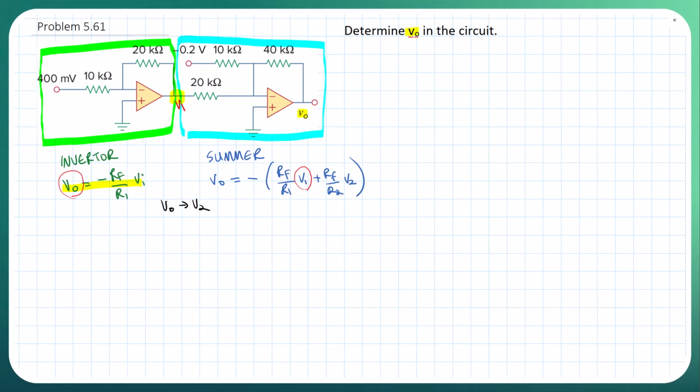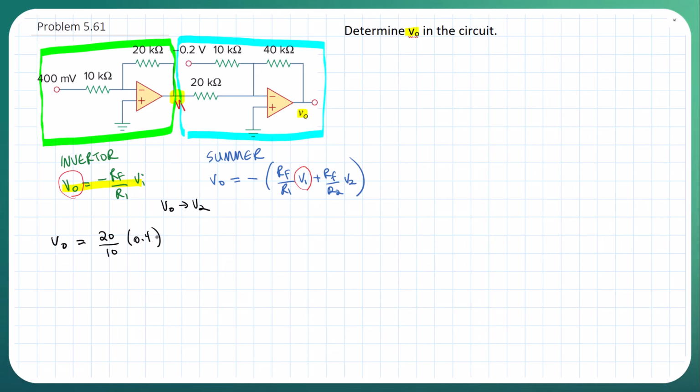All right, so let's solve for that. Essentially, our V output is going to equal minus our feedback resistance for this one, which is 20 kilo ohms, over 10 kilo ohms, times 0.4.